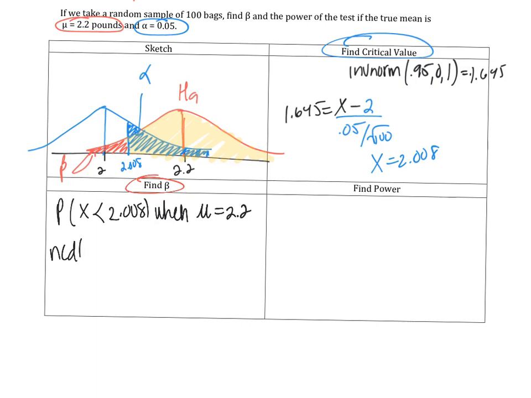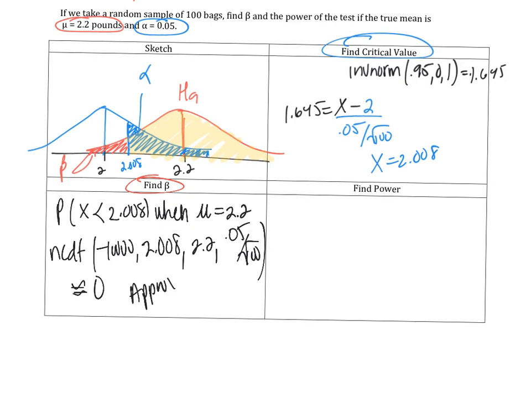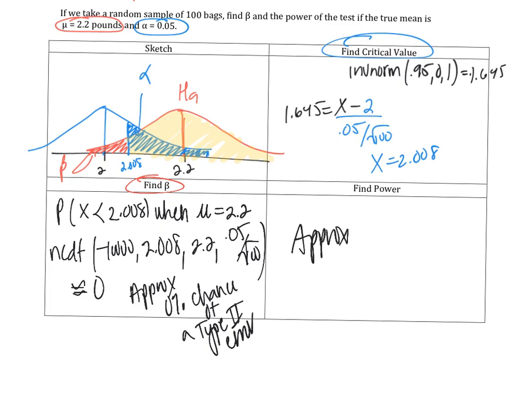This is a normal CDF. A lower bound of something big like -1000, upper bound 2.008, mean 2.2, standard deviation 0.05 over square root of 100. The answer here is approximately 0. You have an approximately 0% chance of a type 2 error. So approximately a 100% chance of a correct decision.